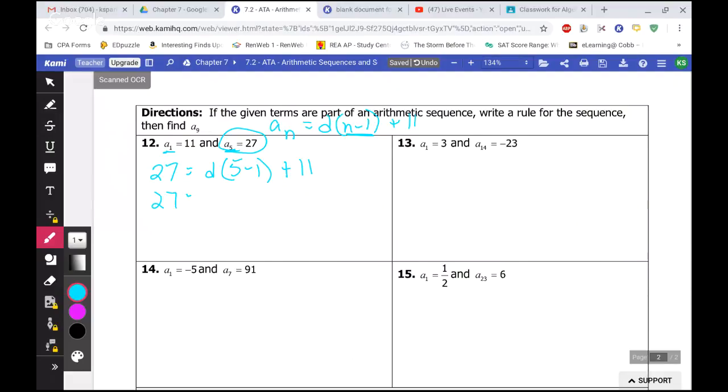So now we'll figure out what the common difference is. So you've got 5 minus 1 times d. So that's going to be 4d plus 11. And then you're going to subtract 11 from both sides.